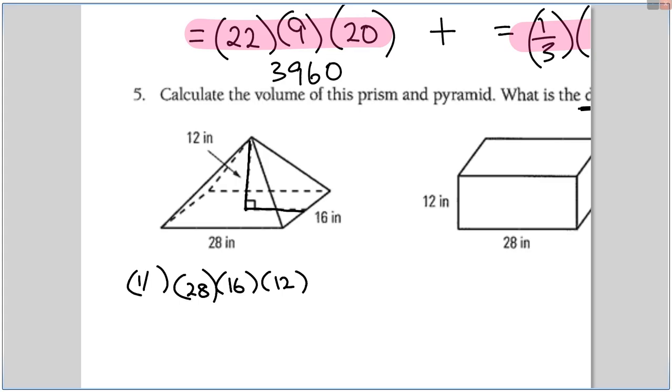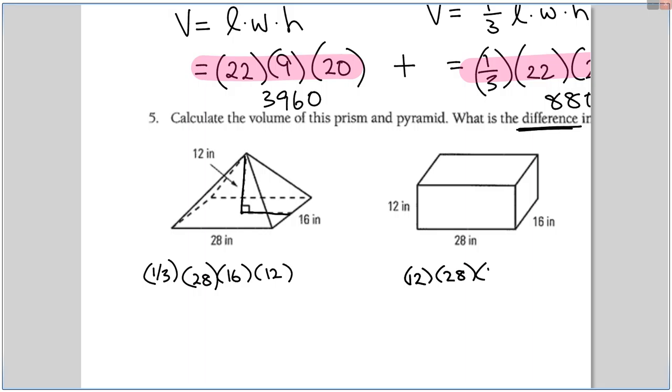Or you can multiply by a third at the beginning. It's the same. In this one, 12 by 28 by 16. So do you see how the dimensions are the same? So then the difference will be 2/3. See how those are the same? The difference will just be 2/3. Okay?